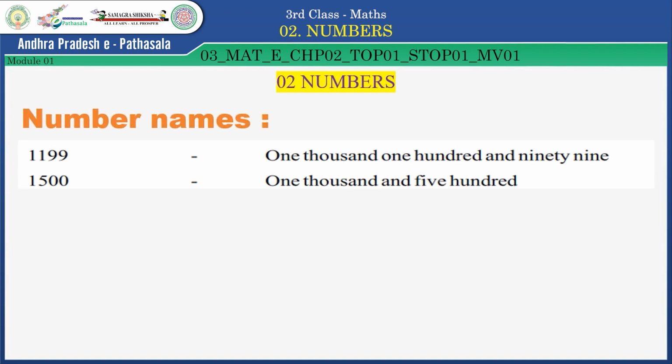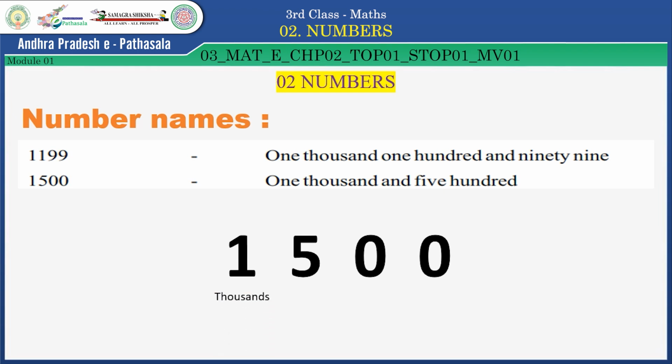Similarly, the number name for second number. We have 1 in thousands place, 5 in hundreds place, 0 in tens place and 0 in ones place. So, we read it as 1500.